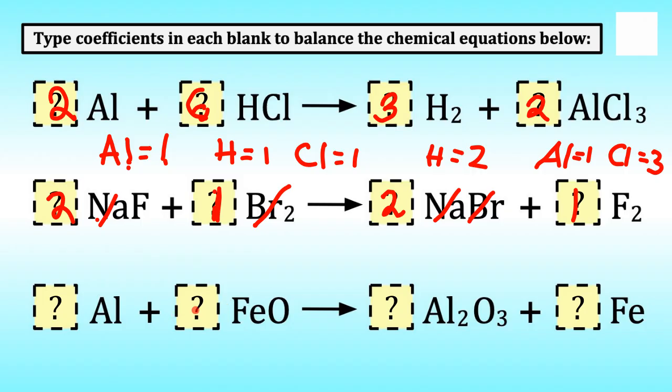Let's try this one. So aluminum, iron, and oxygen. Okay, so here we have a 3. And this might be okay, let's try this. Because aluminum, we have 2. Let's try aluminum. We'll put this as a 2, see how this works. 2. Okay, and then make this a 1.